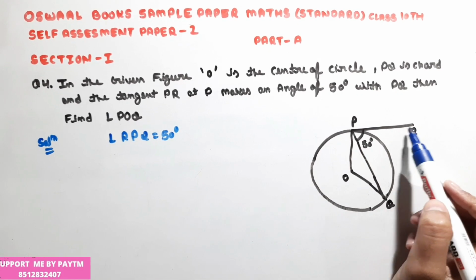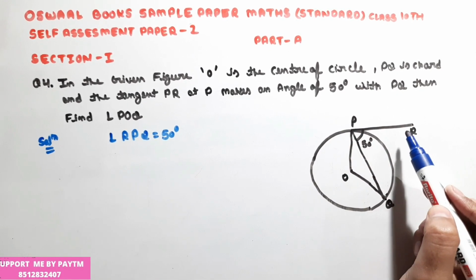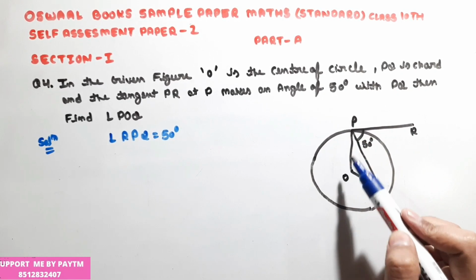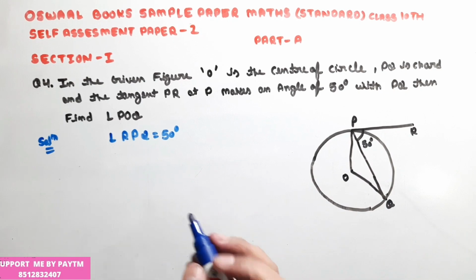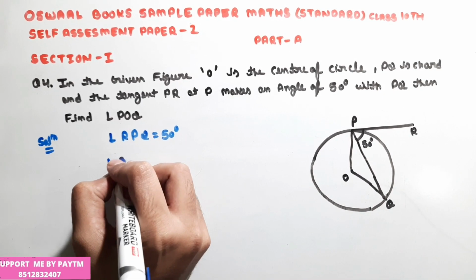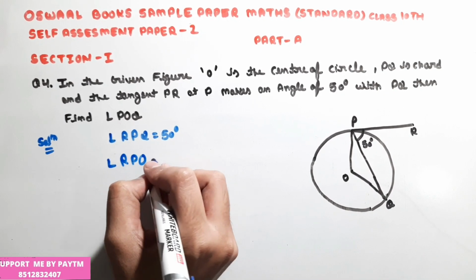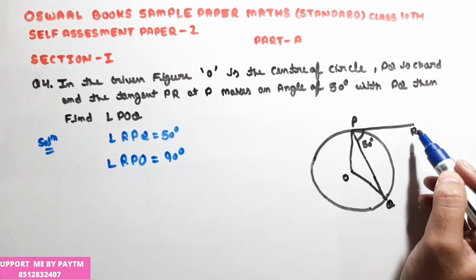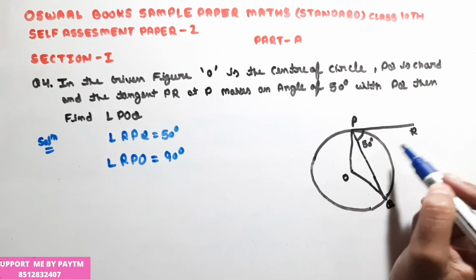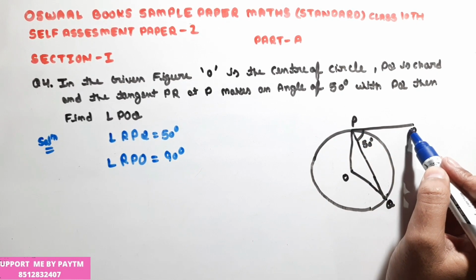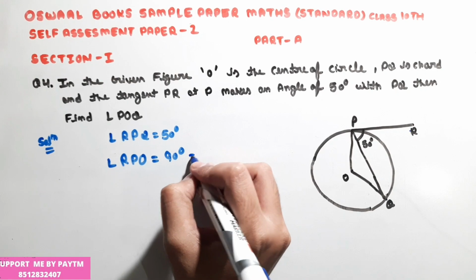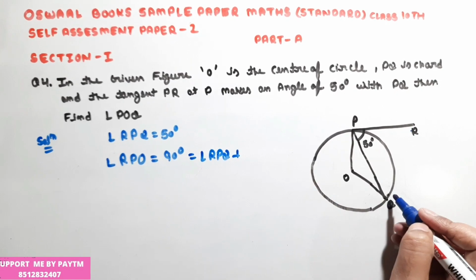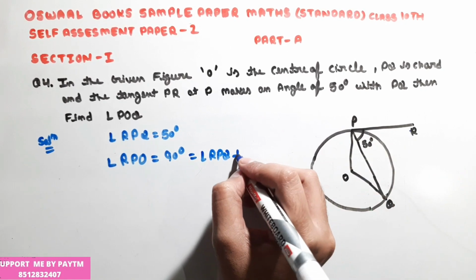We know that at the point of contact P, the angle between the tangent and the radius of a circle is 90 degree. So angle RPO equals 90 degree. Here we can see angle RPO is equal to the sum of angle RPQ plus angle QPO.